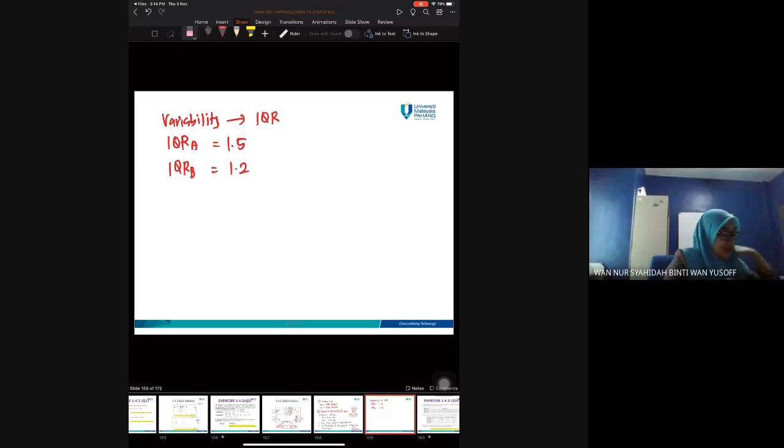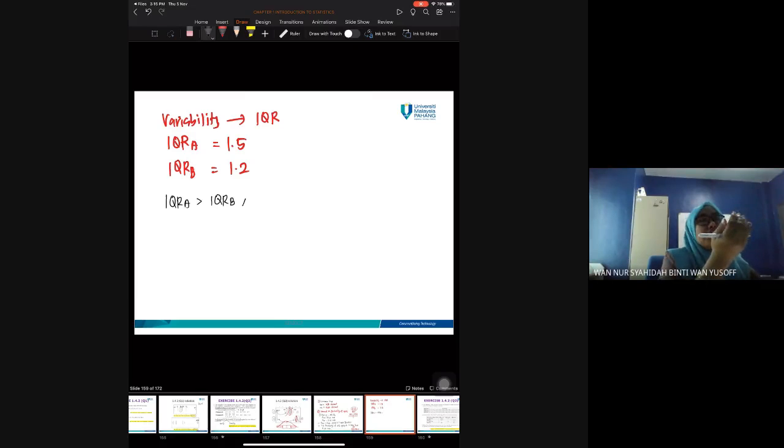So we have the IQR. Similar to the average value, you can compare the value and then decide which one is a better one. So here, IQR of A is greater than IQR of B. What can we conclude about the data?